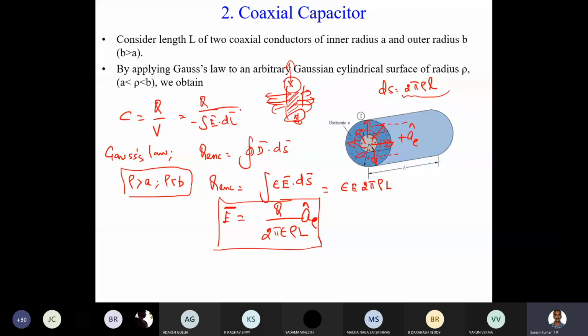Next, we can put this into equation A. This equation A will become C equals Q over the integral of E vector dot dl vector.